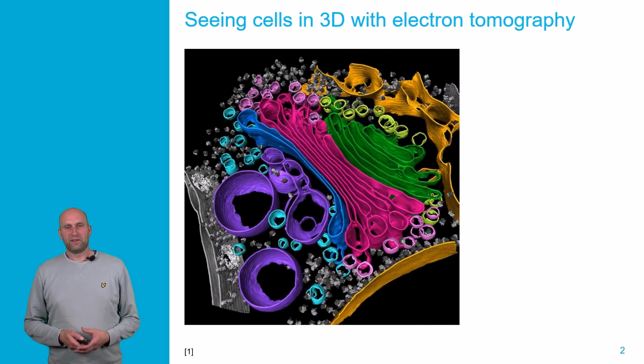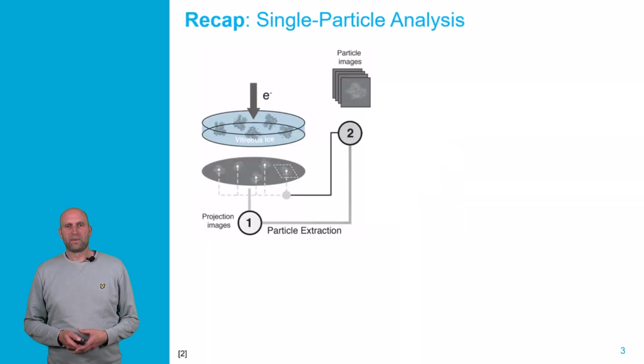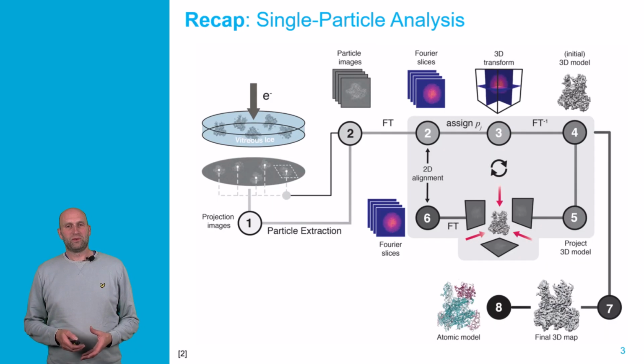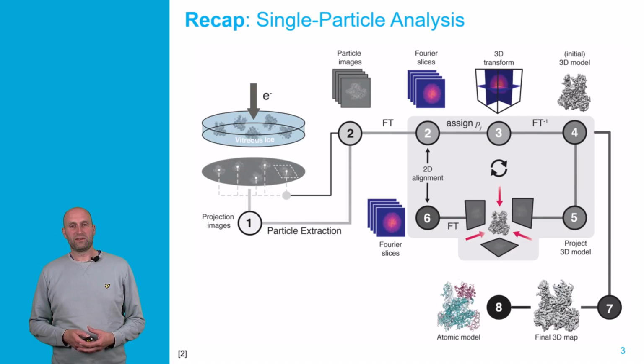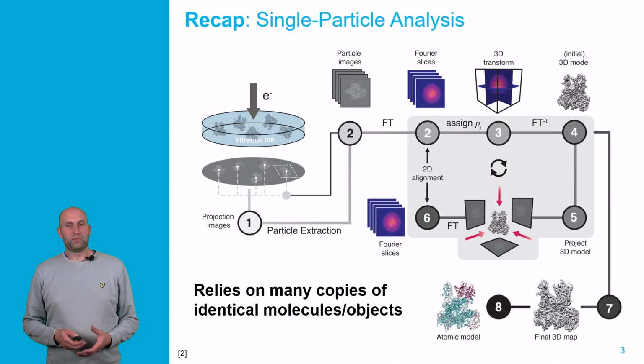Now, how do we arrive at such a 3D reconstruction? We've discussed previously that we can take a set of 2D projection images, for example, of a purified molecule, and work out their relative orientations and use those to derive a three-dimensional reconstruction. This approach, which we call single particle analysis, relies on many copies of identical molecules or objects that are randomly oriented relative to the incident electron radiation.